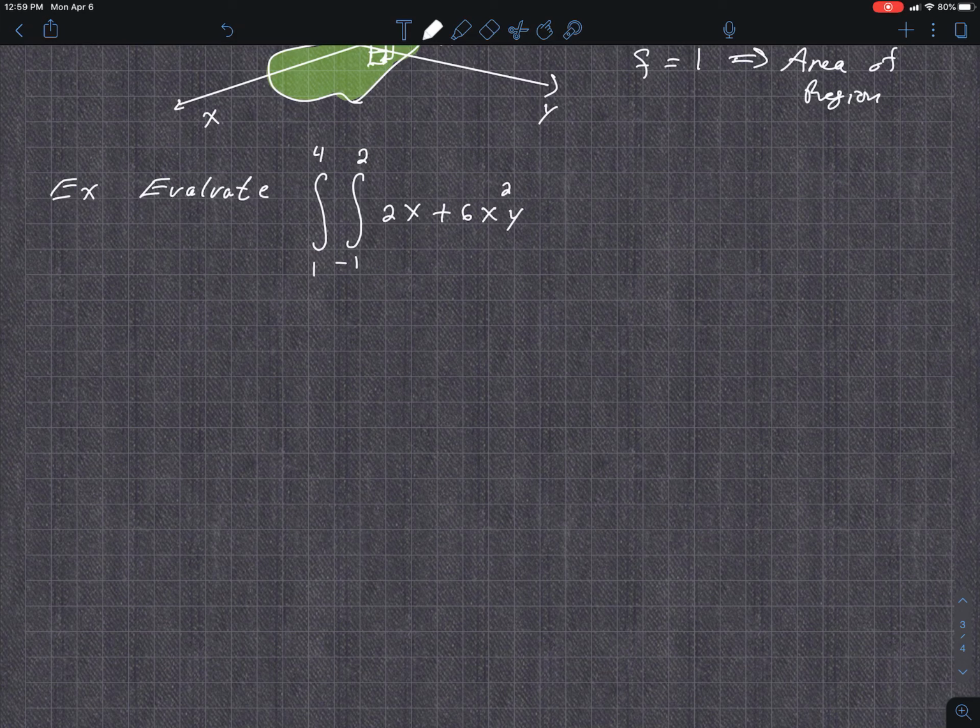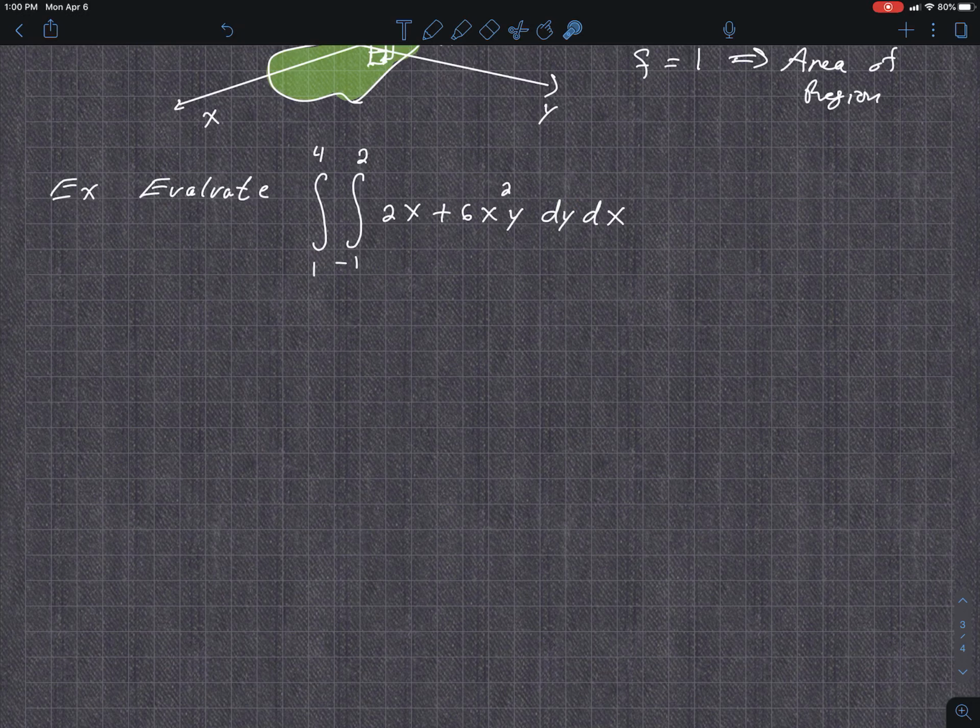plus 6x squared y. And this is kind of important, which direction. This is dy and then dx. Remember how with partial derivatives you had to say which one you're doing first. This is the same idea. You go inside out.